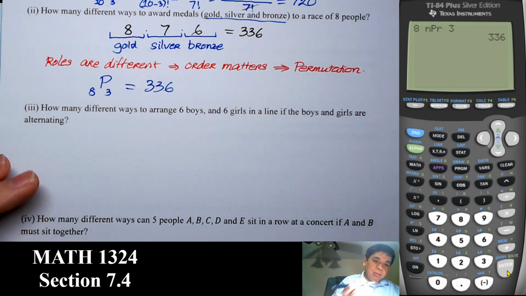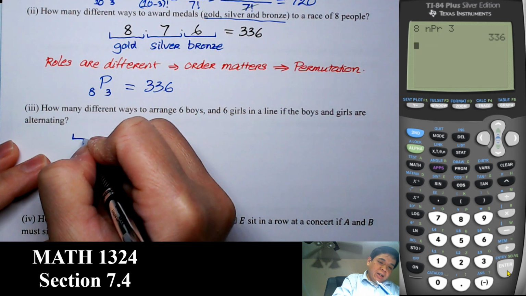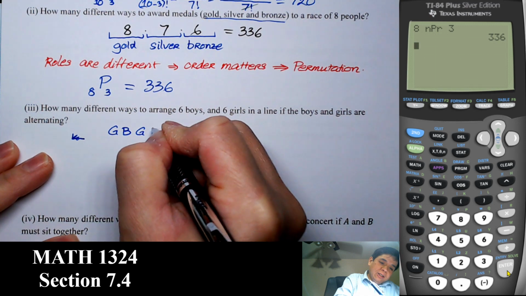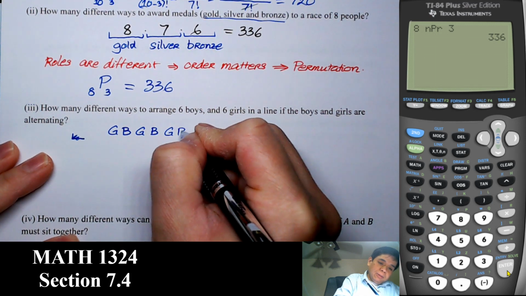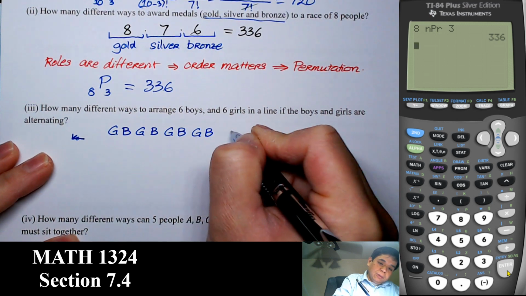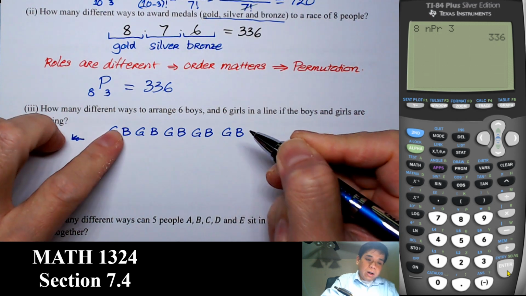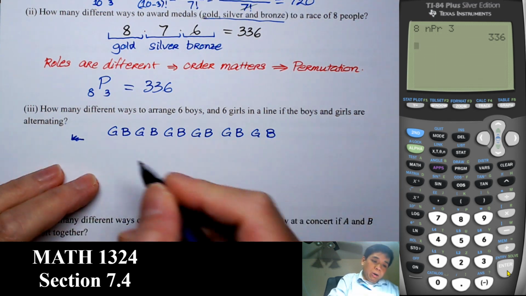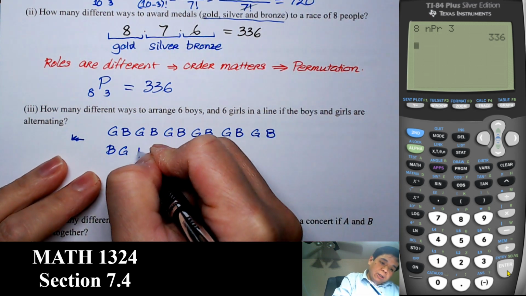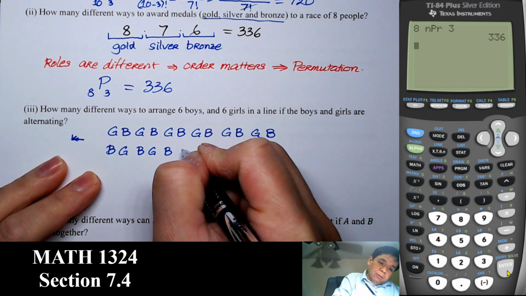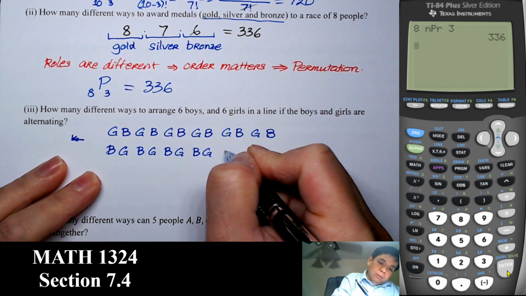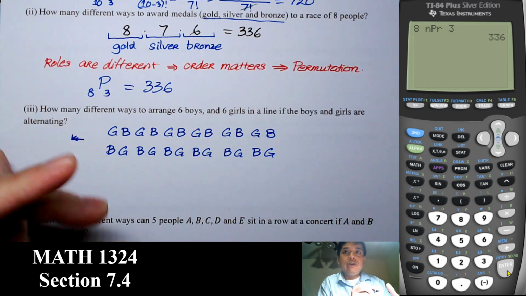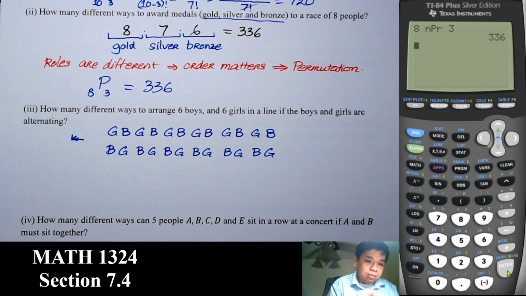So let's say you have the positions, just say girl boy alternating, 1, 2, 3, 4, 5, 6. Or the boy goes first. Right, so there are 2 different settings here, right?